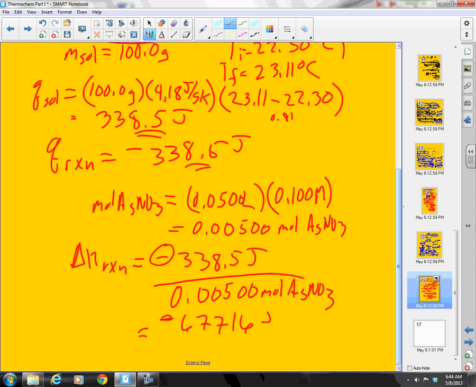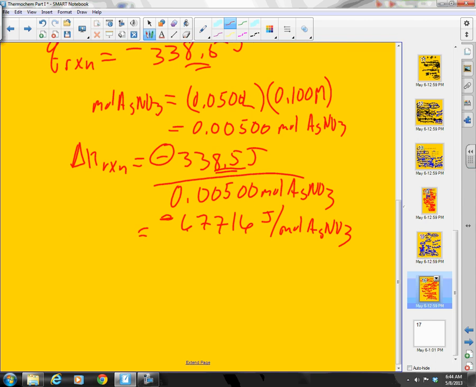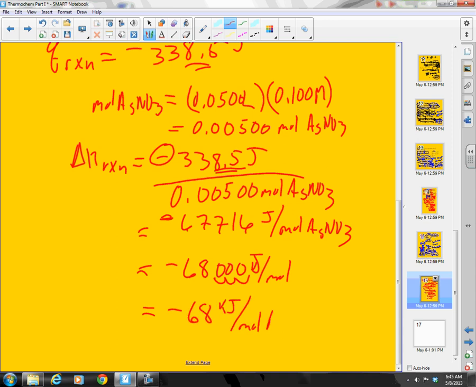That is joules per mole of AgNO3. I only have 2 sig figs, right, out of this. So that means this has to become negative 68000 joules per mole. But I don't want joules, I want kilojoules, so that is a negative 68 kilojoules per mole of silver nitrate.